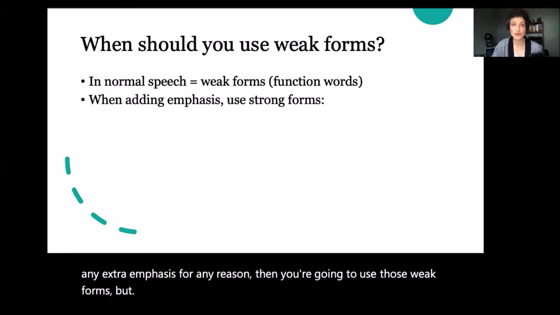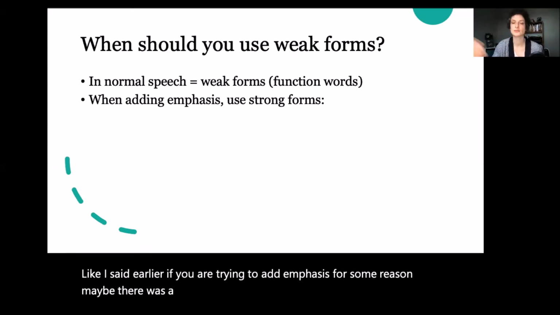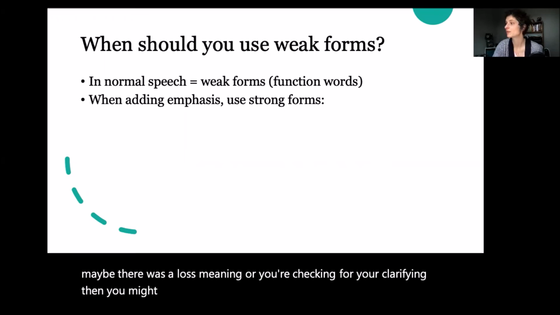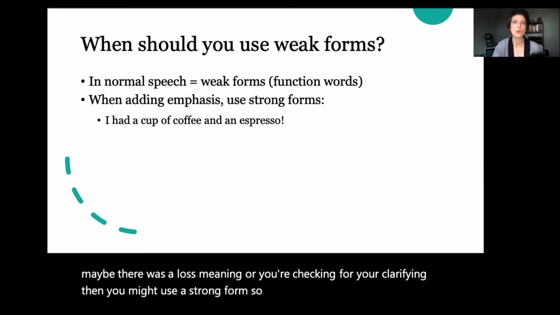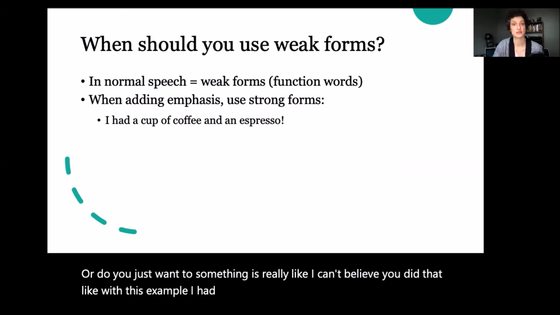But like I said earlier, if you are trying to add emphasis for some reason, maybe there was a loss in meaning, or you're clarifying, then you might use a strong form. Or something is really like, whoa, I can't believe you did that. Like with this example, I had a cup of coffee and an espresso.